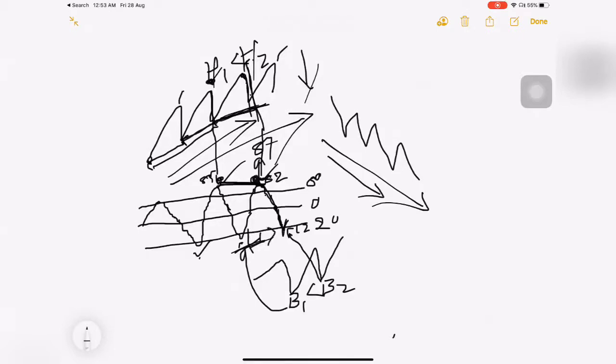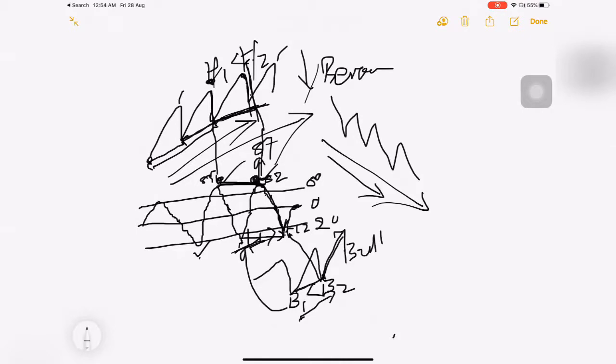So the price trend here is going down, but the RSI trend is up. This is a divergence, the upward divergence. That means when it goes to 0, the market will definitely go up from here. So this is a bullish trend, and the earlier one is a bearish trend.